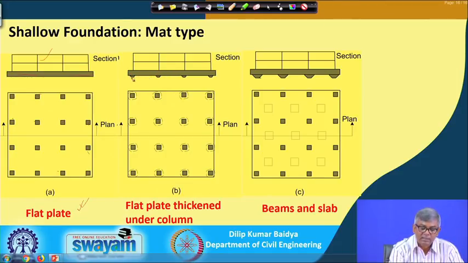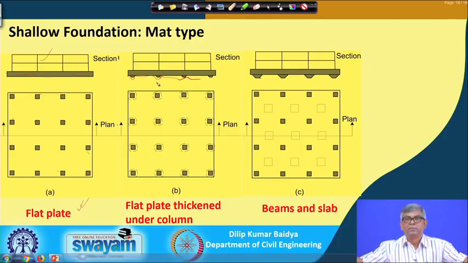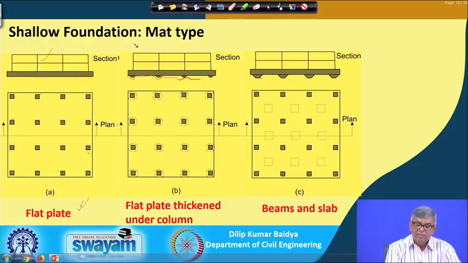You can see here it is here and it is here like this, and then again over that flat plates are constructed and from there columns are erected. That is called flat plate thickened just below the column location only.